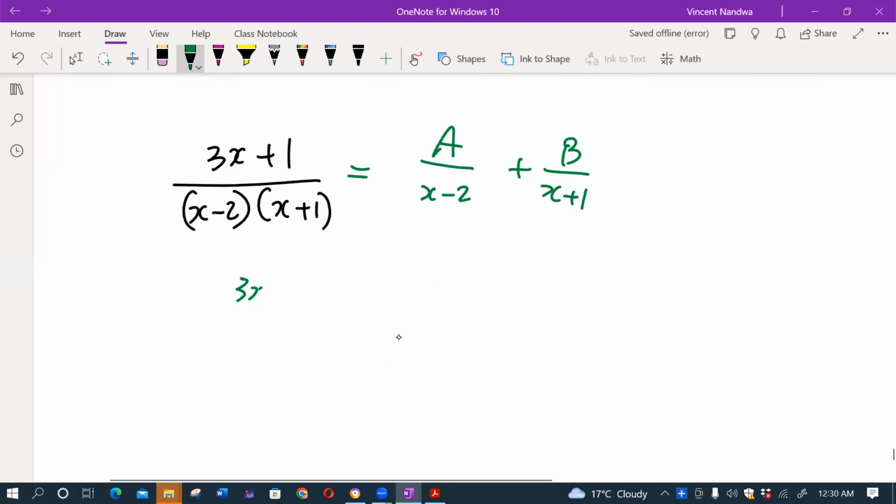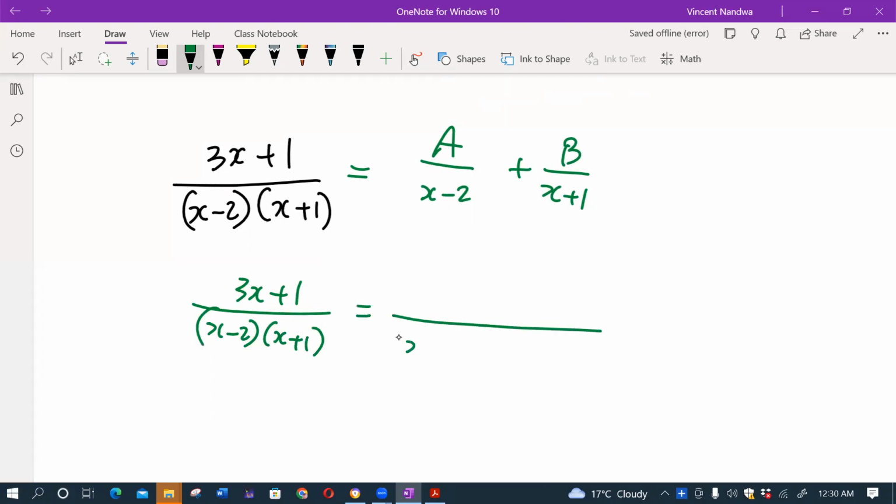So 3x plus 1 over x minus 2 into x plus 1, the LCM of the right-hand side will be x minus 2, x plus 1. So we'll have a into x plus 1 plus b into x minus 2.